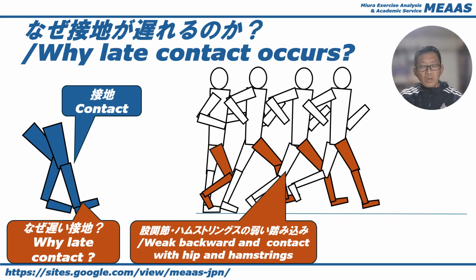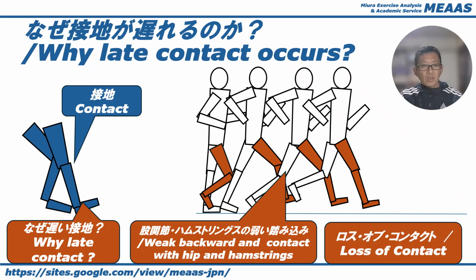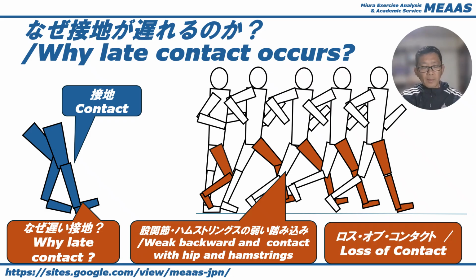And these cause the loss of contact and late contact. So late contact occurs because of a weak backward swing and contact motion with weak force of hip and hamstrings.